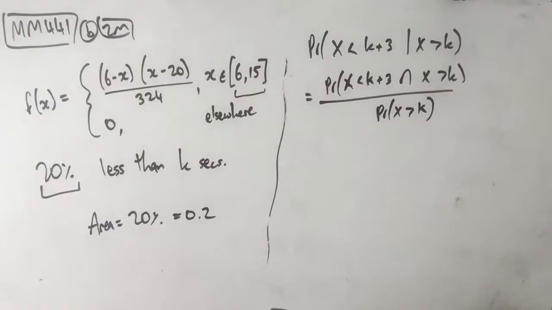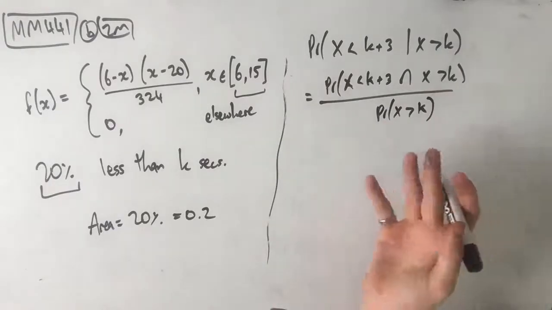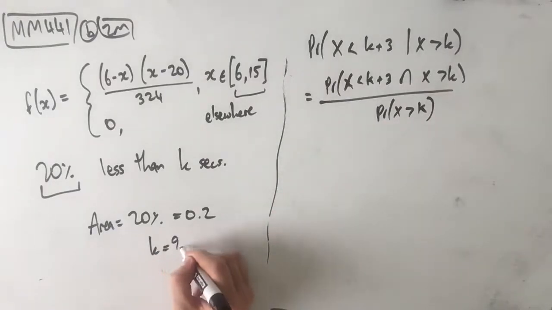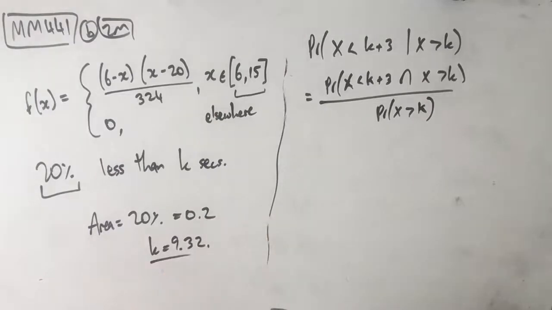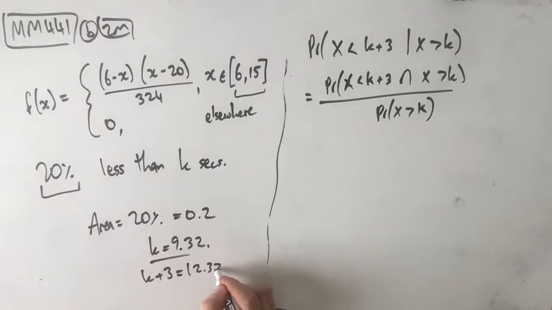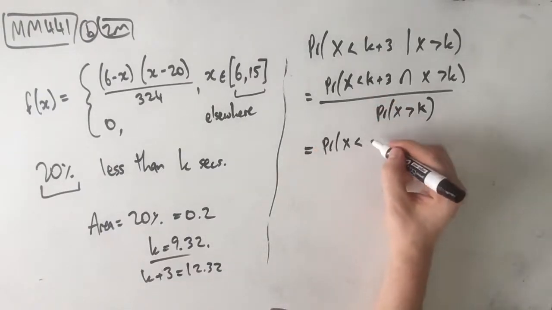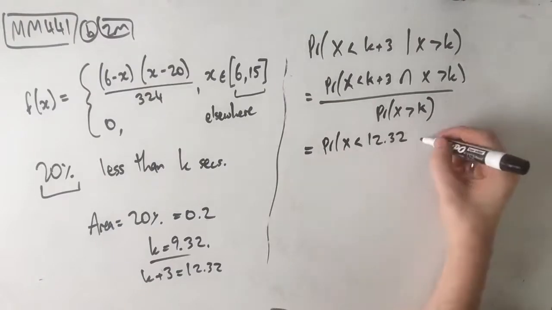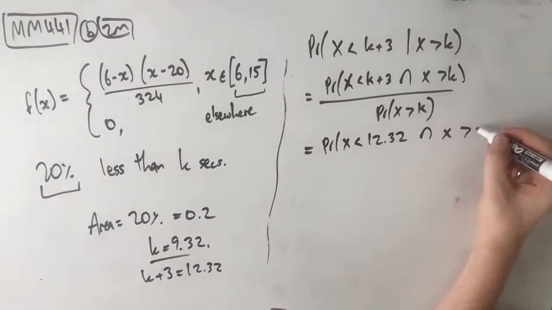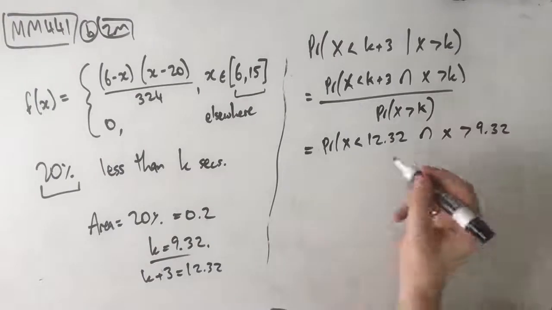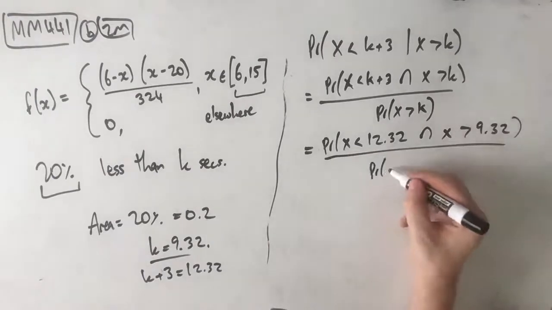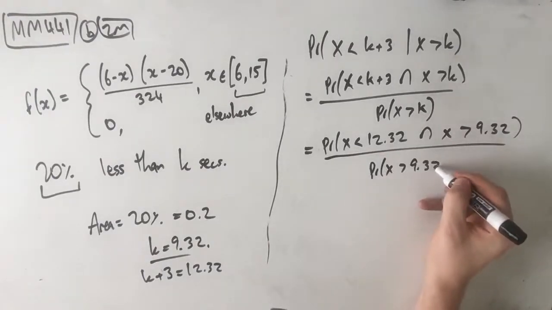We know that k is equal to 9.32, which means that k plus 3 is equal to 12.32. So we're looking for the probability that x is less than 12.32, intersect x is more than 9.32, over the probability that x is greater than 9.32.